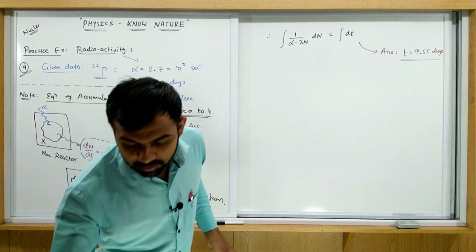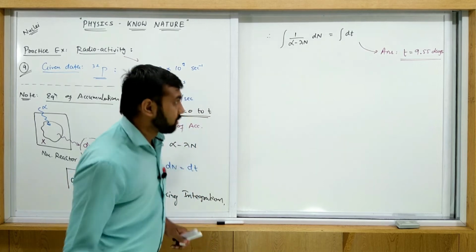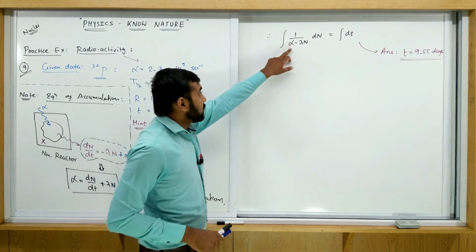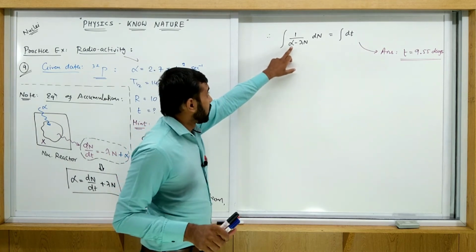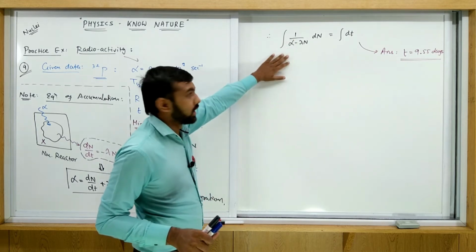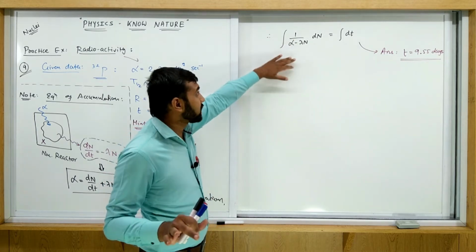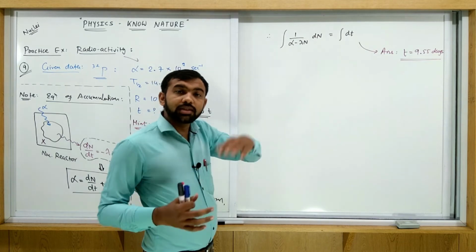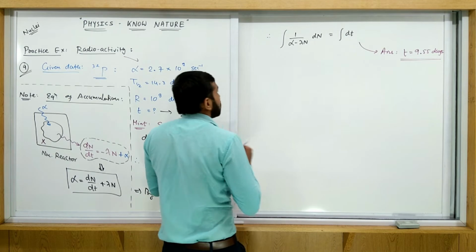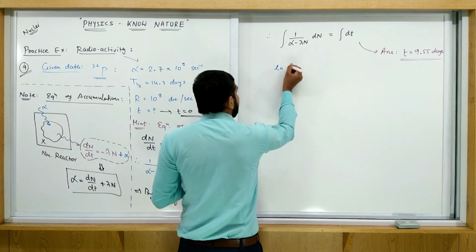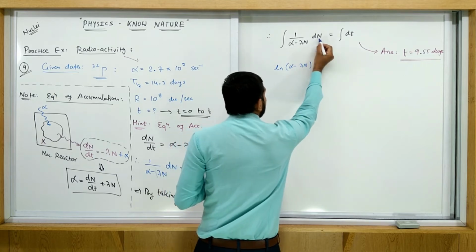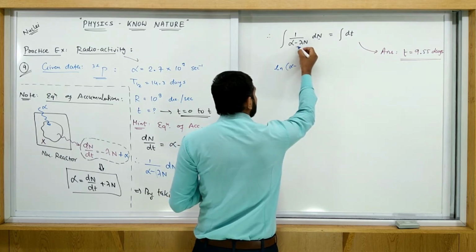Let me give some idea about the integration also, in case some students are confused. This is in the format 1 upon x dx, and the integration of 1 upon x is ln x. So its integration is ln of alpha minus lambda N. Now this is N, what is the coefficient of N?